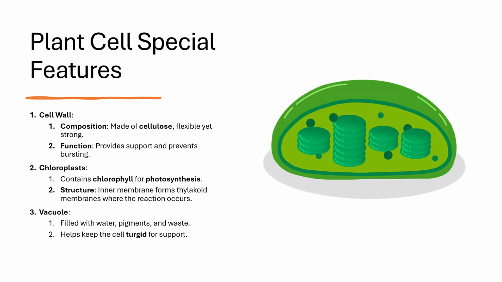Plant cells are specialized. They have special features that allow them to carry out particular functions, and it's very important to understand why a plant has additional features and requires those, whereas animals don't. So plant cell walls are made of cellulose, and they are flexible yet strong.